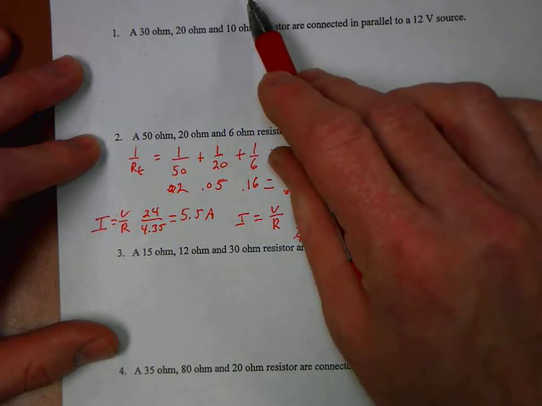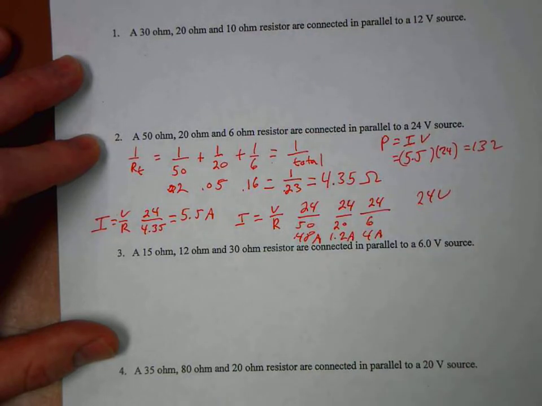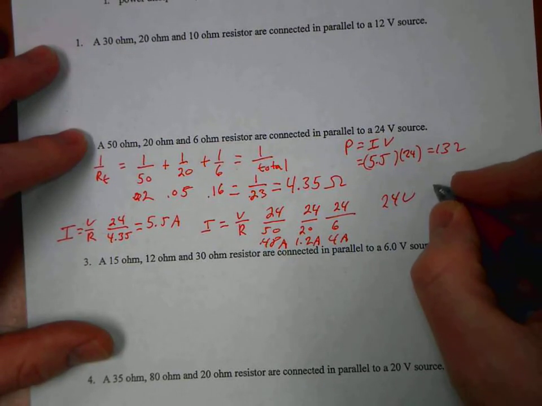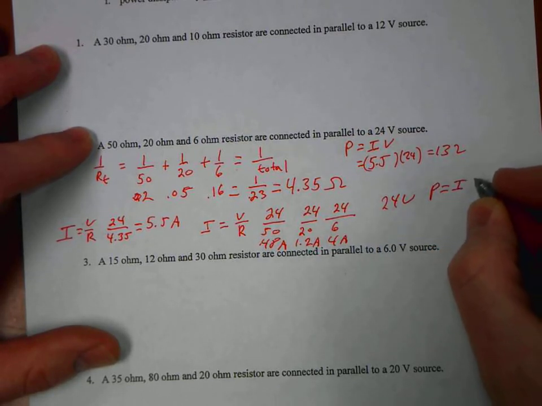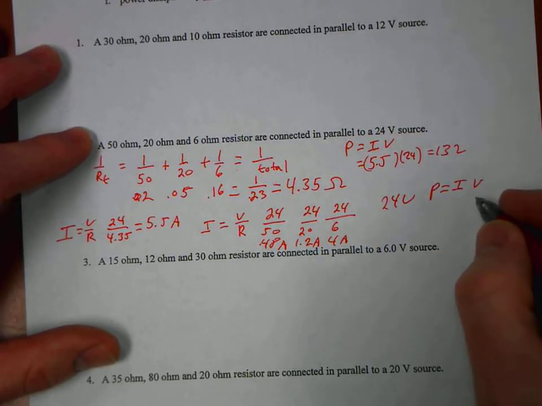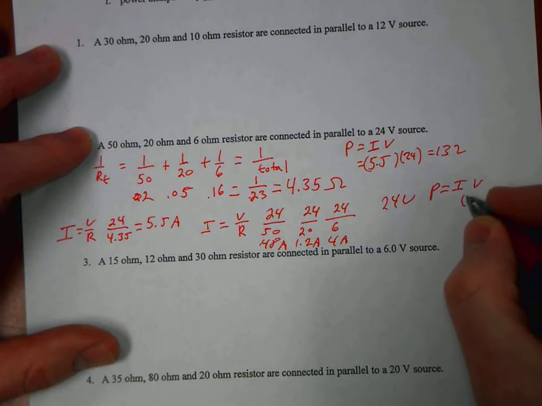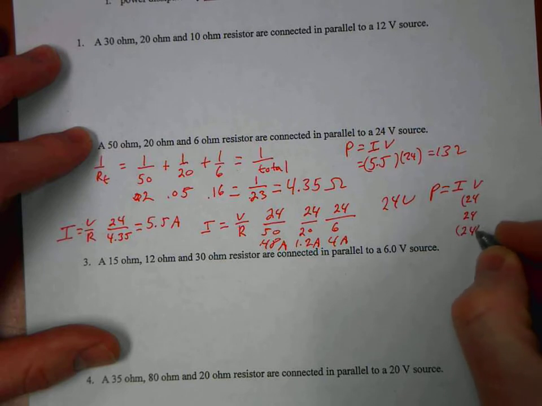And then the power dissipated by each is simply going to be the current times the voltage. Well, we know the voltage is the same, right? 24, 24, 24.